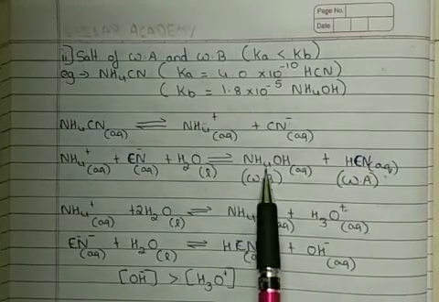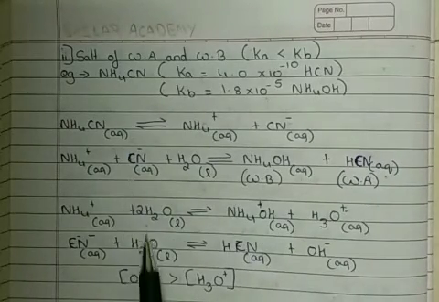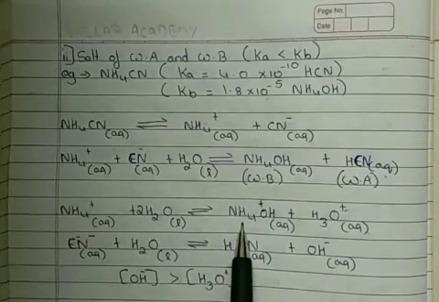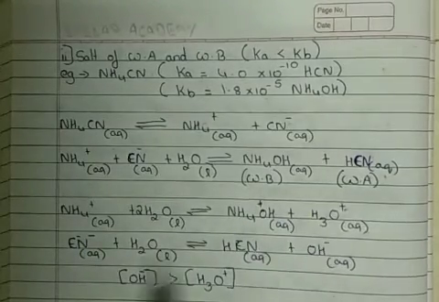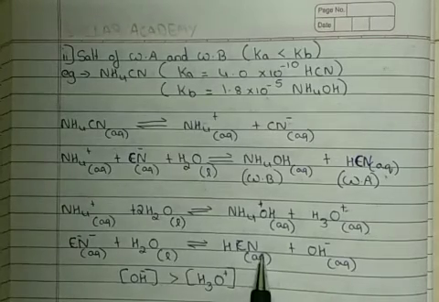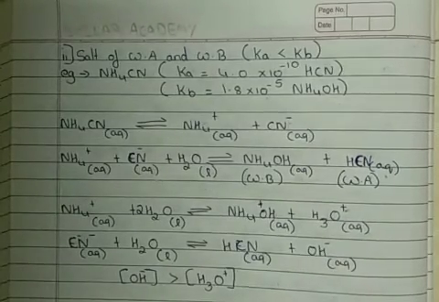Now if I write down these two things separately, ammonium ion combining with water forming ammonium hydroxide plus hydronium ion, CN minus, that is cyanide ion, combining with water to form HCN and hydroxide ion.